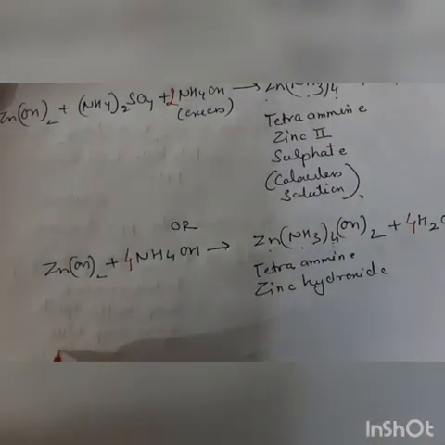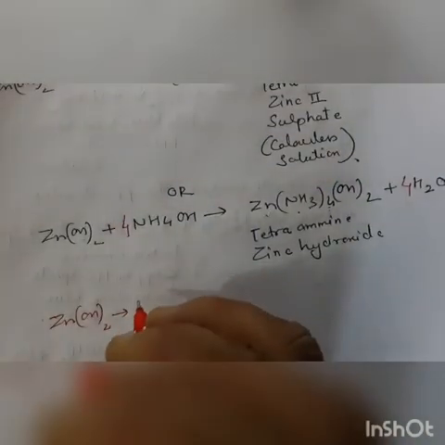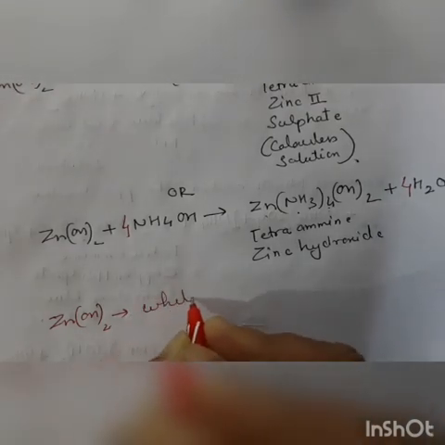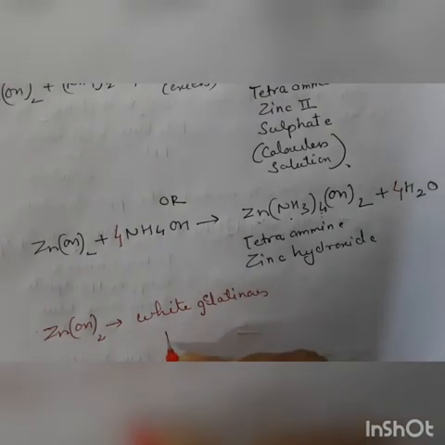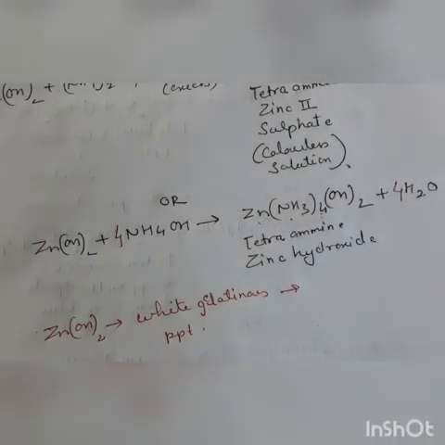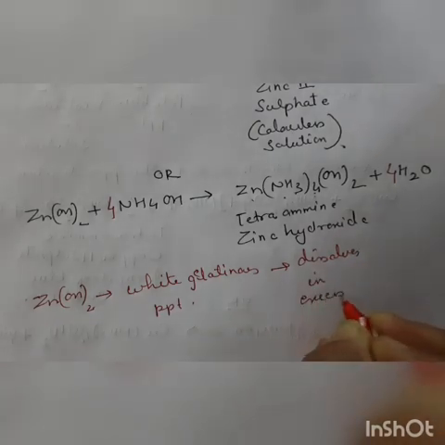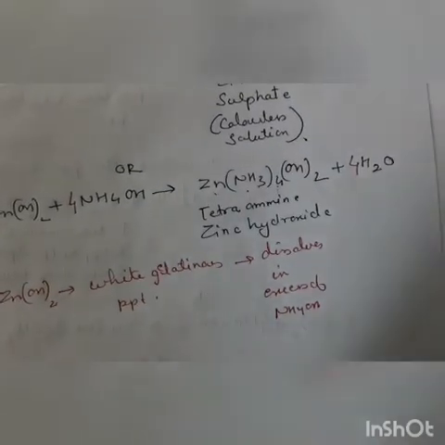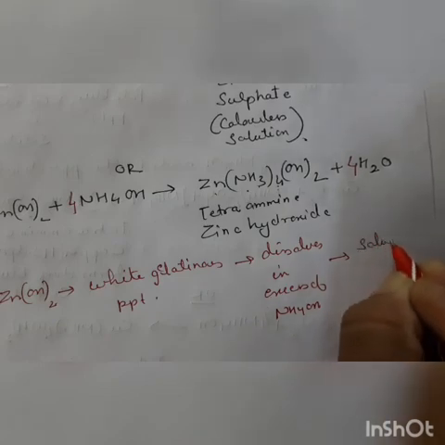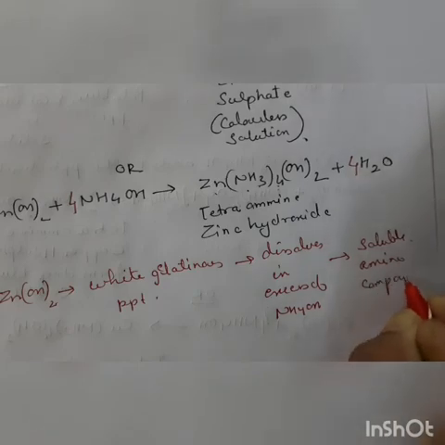So here we conclude that zinc hydroxide, which is a white gelatinous PPT, dissolves in excess of ammonium hydroxide due to the formation of soluble amino compound.